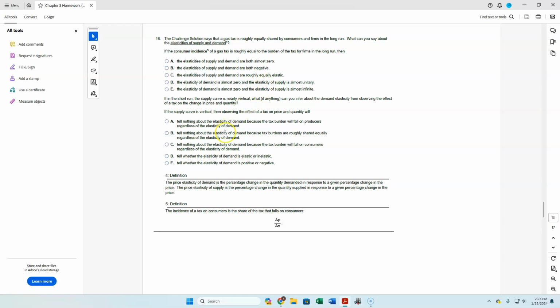Now, in the second part to this, if the supply curve is vertical, then what would we see? Well, we don't really know.